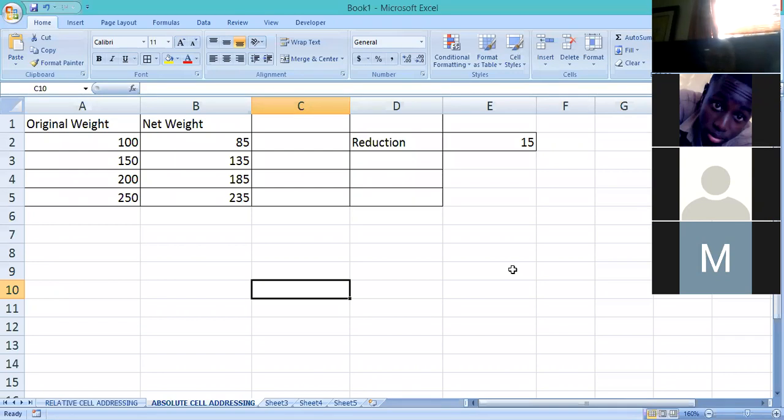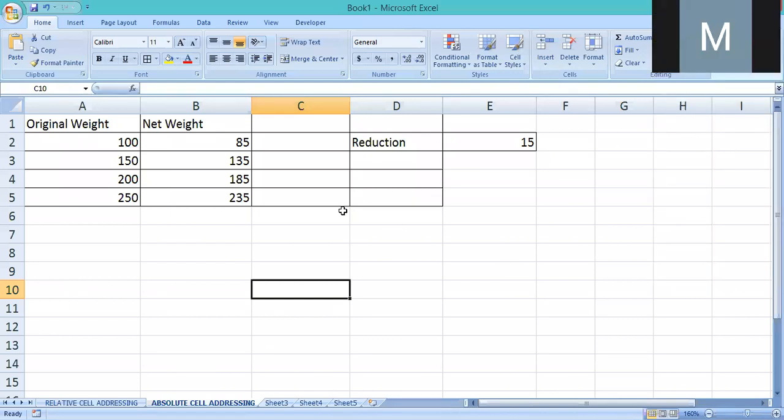Candice just said absolute cell addressing is when you have a cell that you want to remain constant, and relative is when the cell is constantly changing.